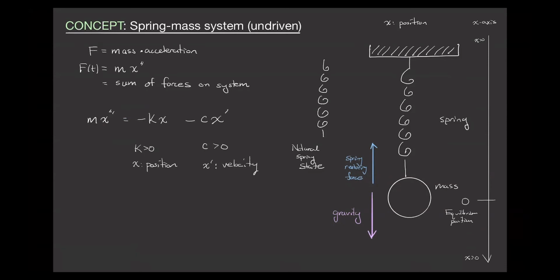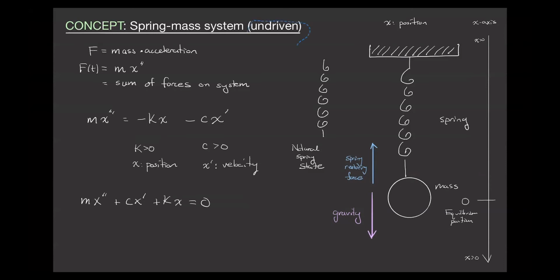Now, if you just do a slight rearrangement here, what you get is m x double prime plus cx prime, because I'm going to add this to the other side, plus kx is equal to 0.